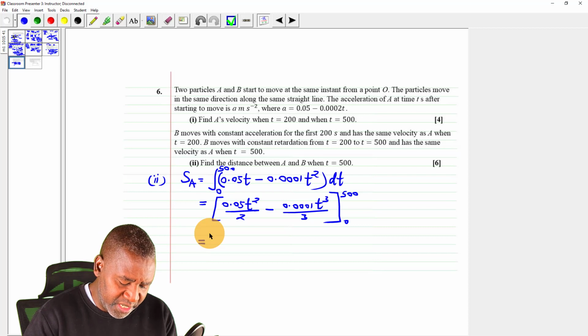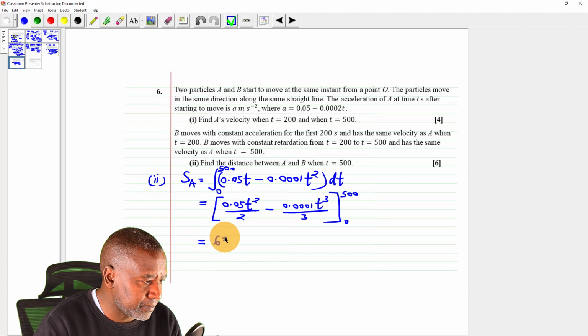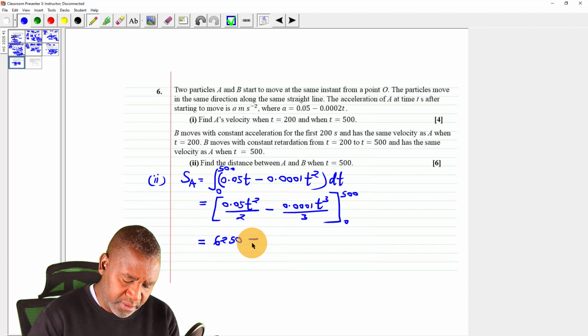Let me start by doing the first part. 0.05 times 500 squared, all of that divided by 2, and I get 6250, minus the next one, 0.0001 times 500 cubed, all that divided by 3.